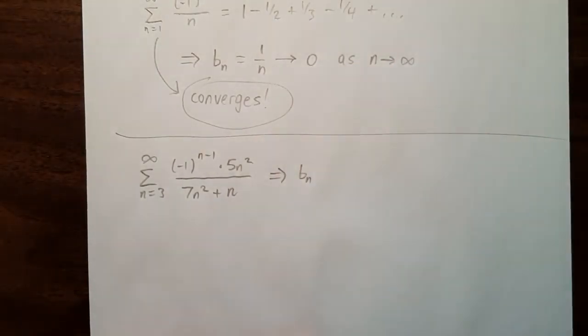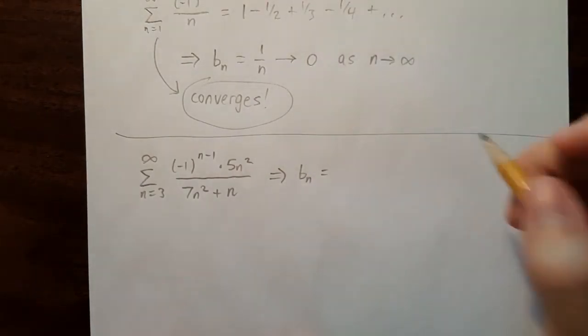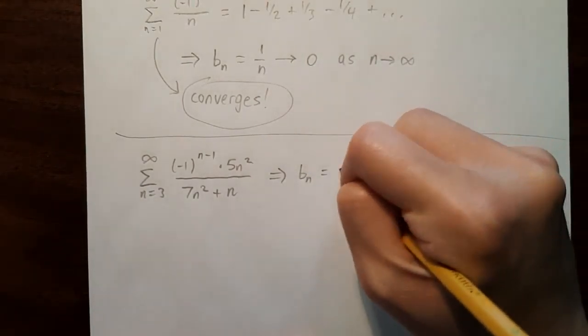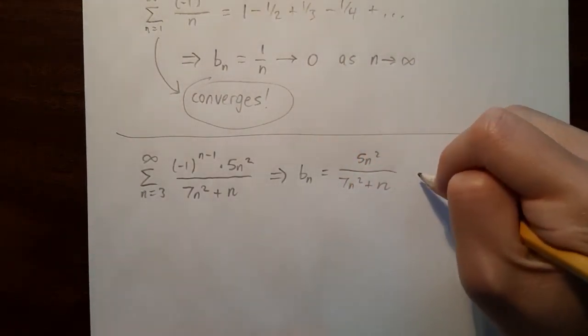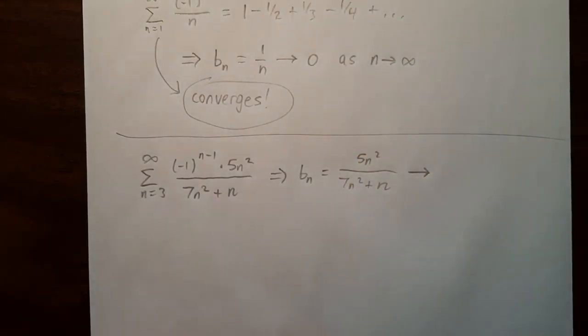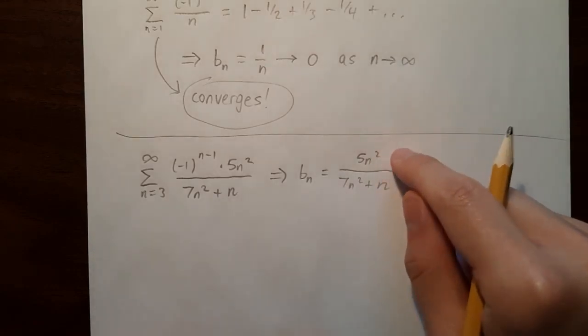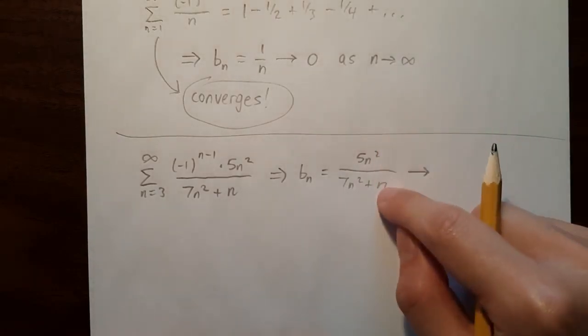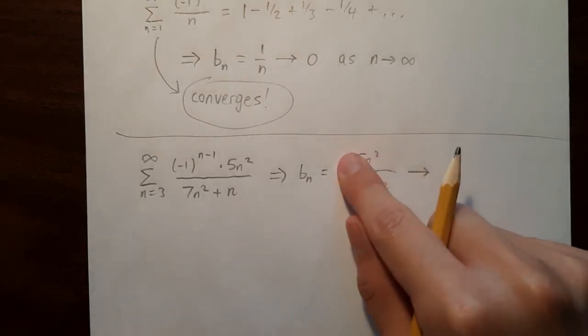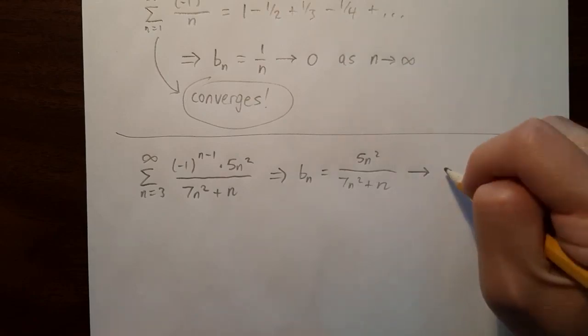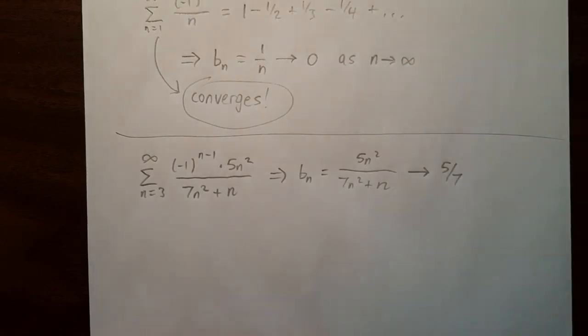So the usual game applies. We're going to look at the non-alternating version of the terms, which is just going to be 5n squared divided by 7n squared plus n. And then I take n to infinity in this case. So what's going to happen? Well, in this case, we have a rational function where top and bottom have the same degree. So in that case, if I take the limit, it's just going to be the ratio of the leading coefficients, so 5 over 7.